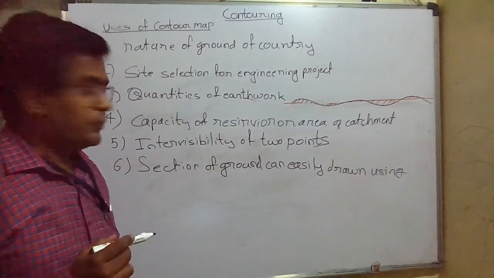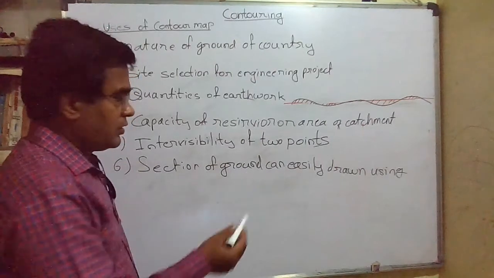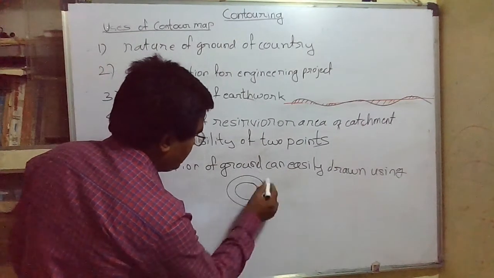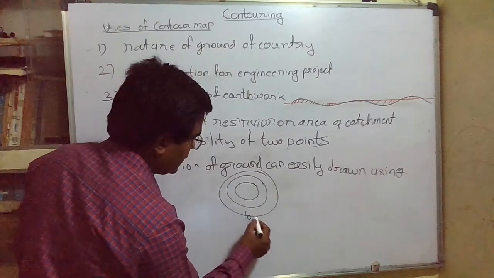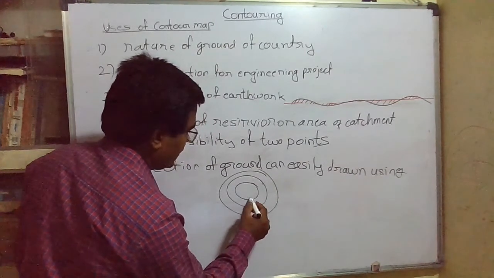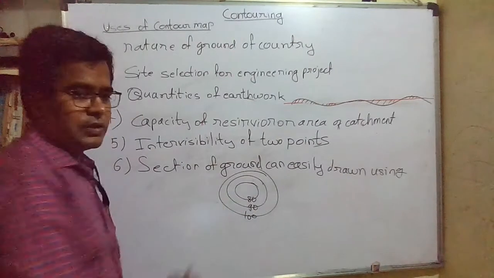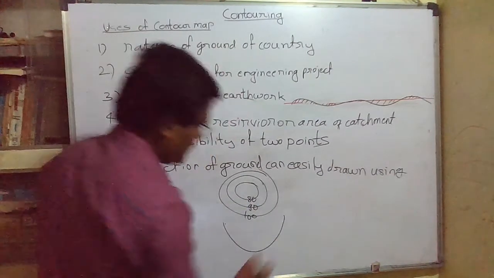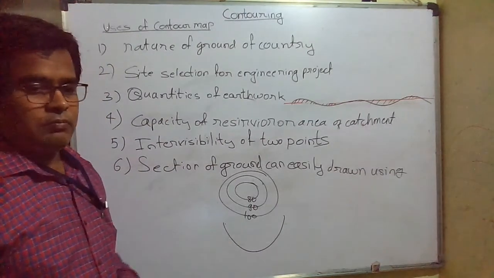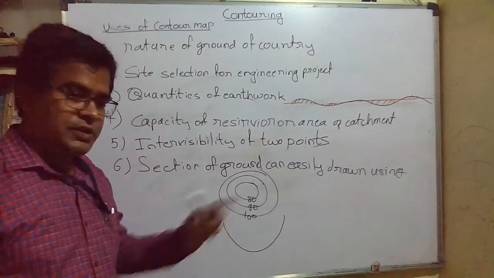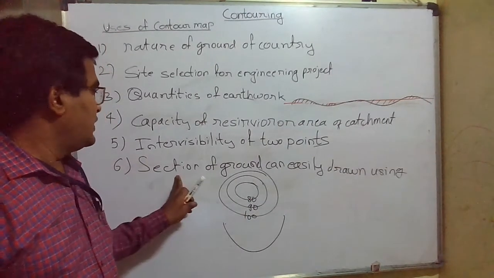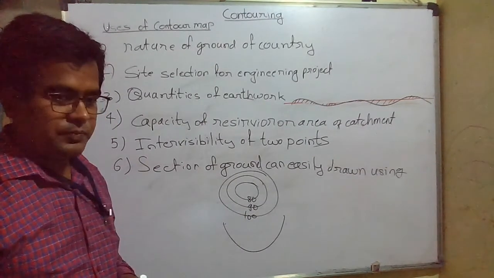If we see the contour map, as we have just seen, suppose these are contours of 100, 90 and 80. So by studying the contour map, we can draw the section. This is like that, this is the depression. Just by studying the contour map, we can easily draw the section of any ground surface.